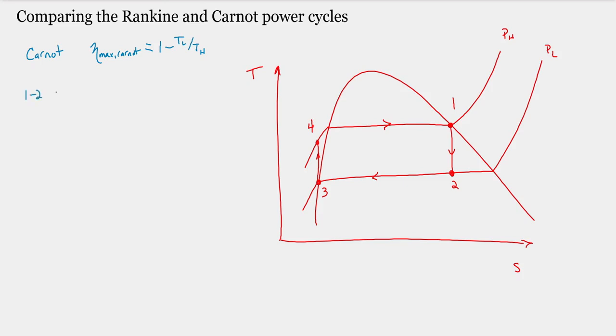So there's Carnot. And remember, the Carnot cycle had our 4 steps. So 1 to 2 was isentropic expansion. And then 2 to 3 was constant temperature or isothermal heat rejection. 3 to 4 was isentropic compression.